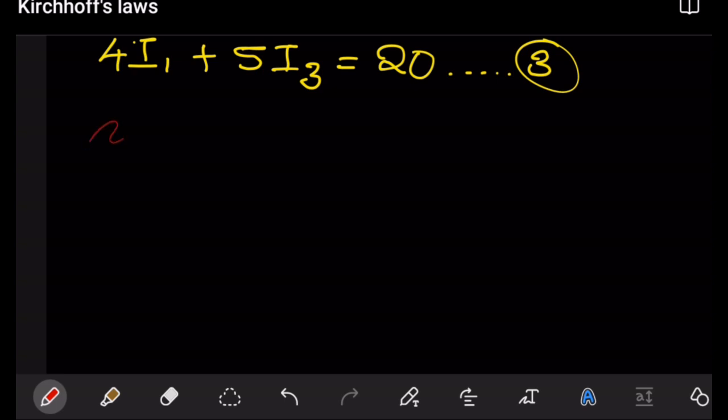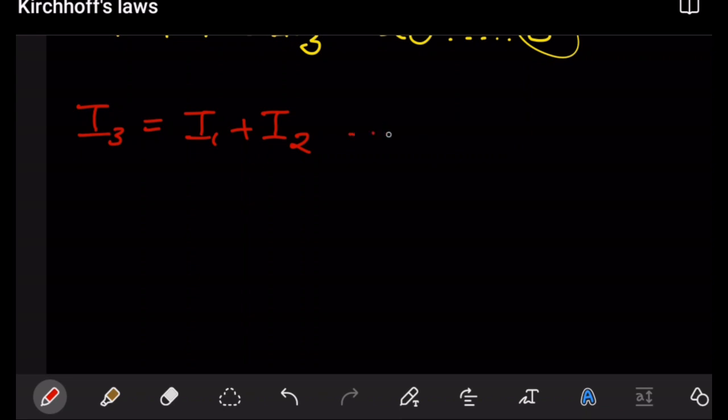So let's see our equations. The first equation was from the junction law, and we had I3 is equal to I1 plus I2, just like that. This was our first equation. And then from the first loop, using Kirchhoff's second law, we ended up seeing that 2 I3 plus I2 is equal to 24.